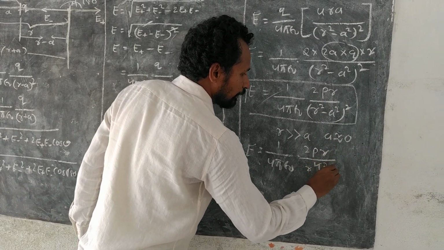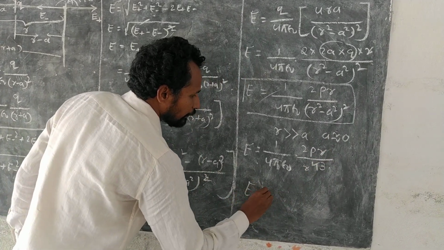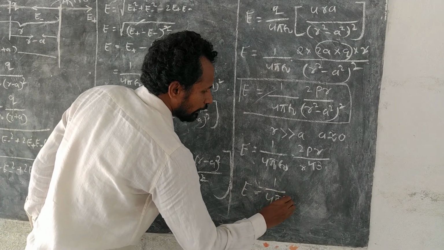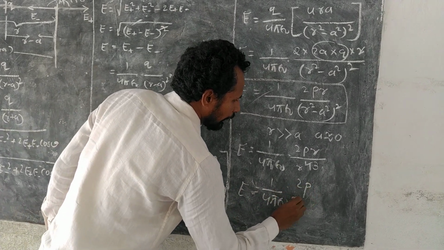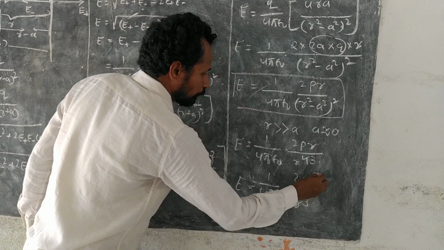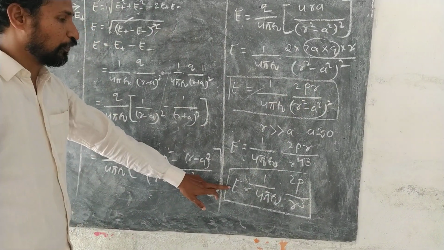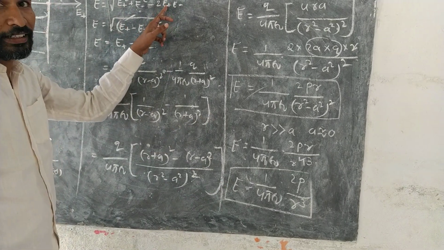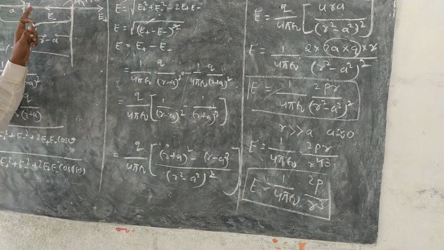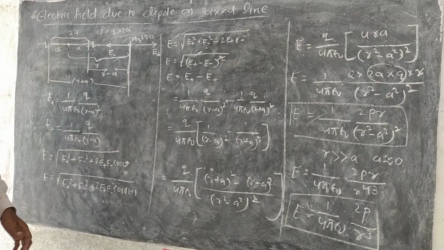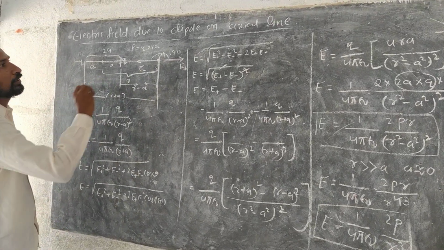One r is cancelled, you get r cube, and E is equal to 1 by 4 pi epsilon naught, 2 p by r cube. This is the final expression: the electric field due to a dipole on the axial line at a distance r, at point M.